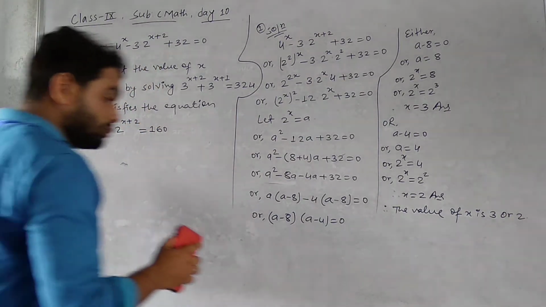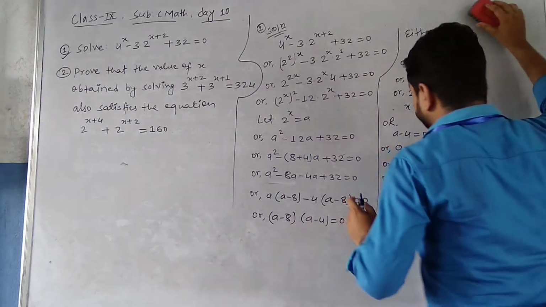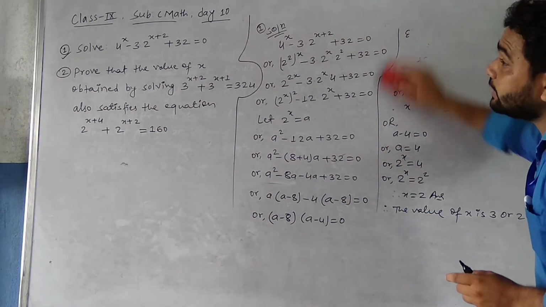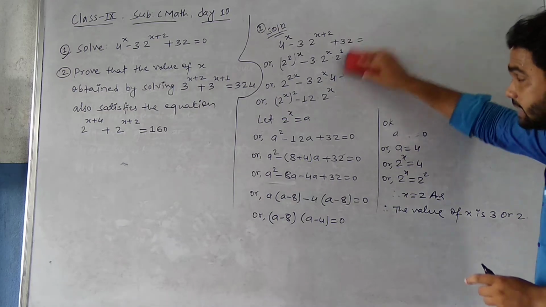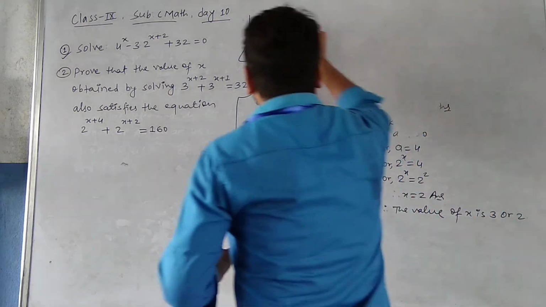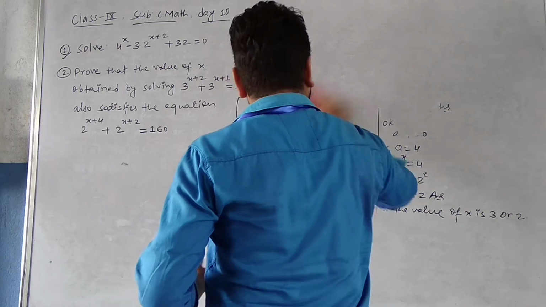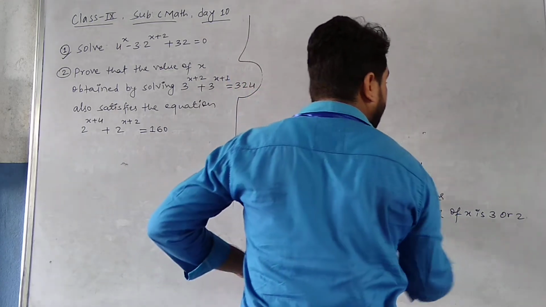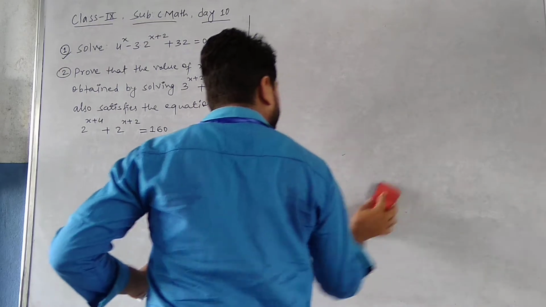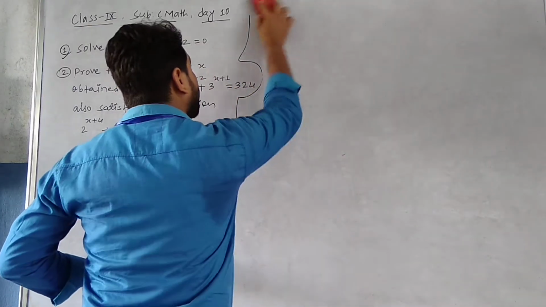Now we are going to do question number 2. In question number 2 it is given that there are two equations here, and we are going to solve the first.